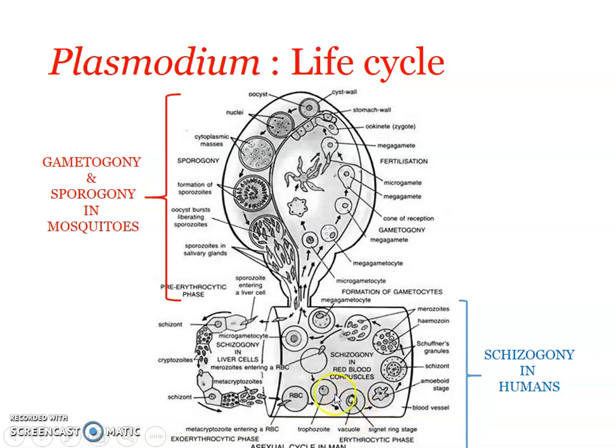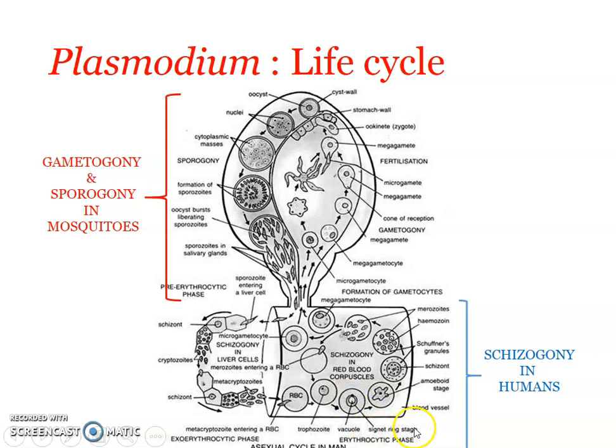You can see here. So this is the phase passing by. So the trophozoite is there, and it grows in size, and as it grows, a central vacuole is formed, and cytoplasm is pushed towards the periphery. So it seems like a ring. The nucleus is pushed to one side, the cytoplasm is pushed towards the periphery, and this stage resembles a ring-like structure, and this stage is known as a signet ring stage.